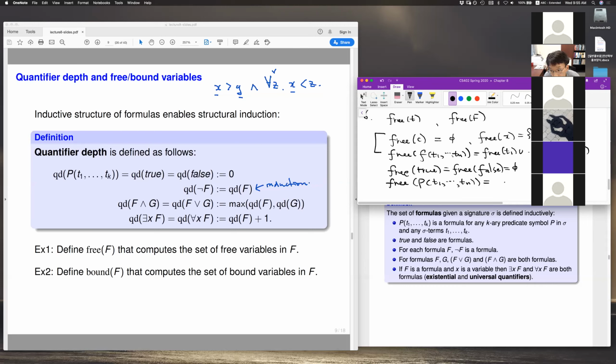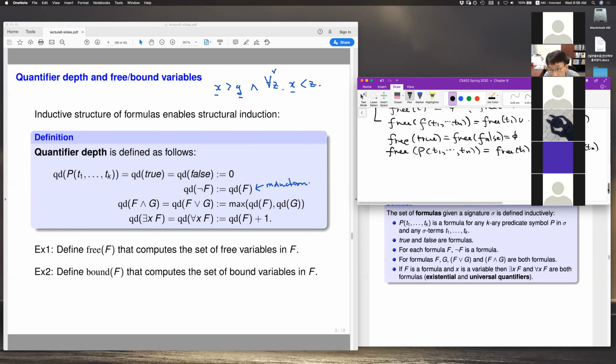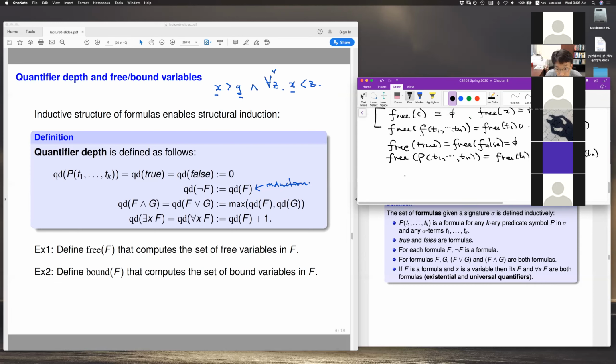In that case, we use the definition of free variables on terms and then take their union. The other cases are usually very simple.